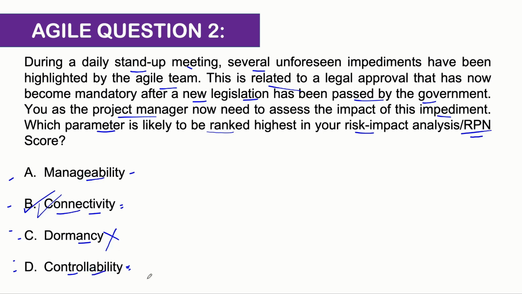Not your risk analysis. After you have established the connectivity and you have assigned a score in terms of how critical the risk is for your project, then you go into the discussion of how quickly you can manage it, how quickly you can control it, etc. That's why manageability and controllability is not the correct option, guys, because it's focusing more on the action part of the risk and not on the analysis and data gathering part of the risk.